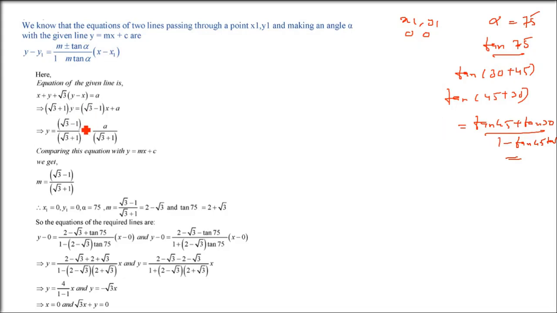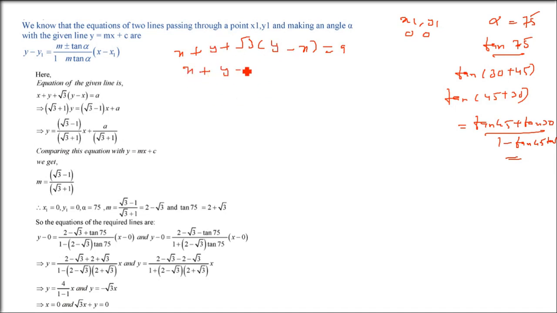Tan alpha is known. x1, y1 is known. And how about the third thing, the equation? We have to find m from here. So the equation is (x plus y) plus root 3 (y minus x) equals a. Now take y terms together and x terms together and present it in the form y equals mx plus c.